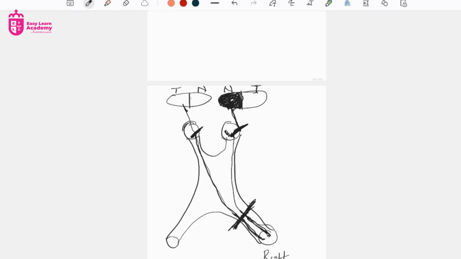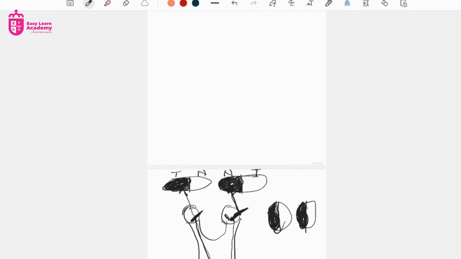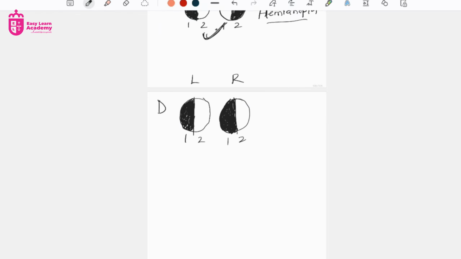Temporal, excellent. Because the signal was cut off, this guy will be blind on this side. So if we are drawing our 2 eyes and you do it like that, you will shade this side. And you will shade this side. Does it make sense? Yes, it does. Thank you. Okay. Now we need to know what name this is.